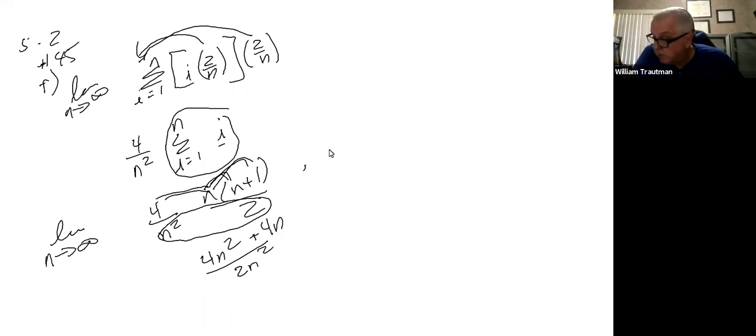Something doesn't look right. Let's take a look. And then on the bottom, we have 2n squared. See, something doesn't look right. Did I write it down correctly?